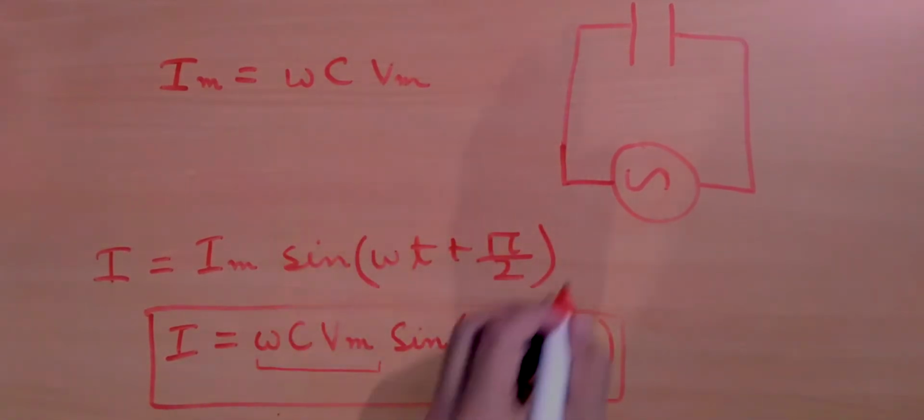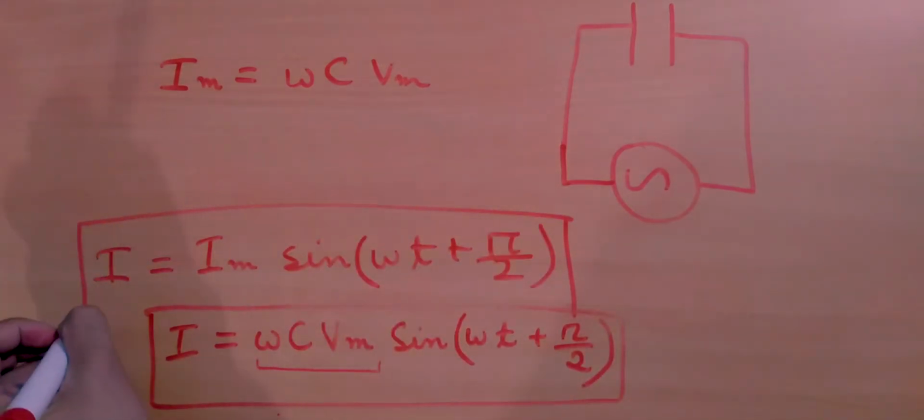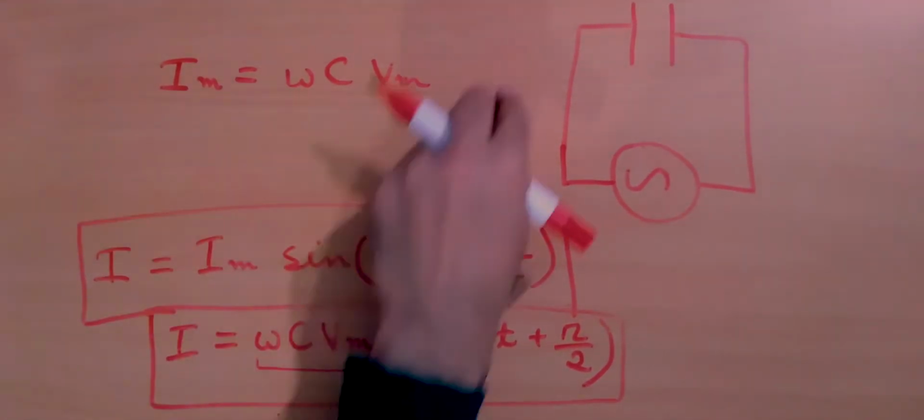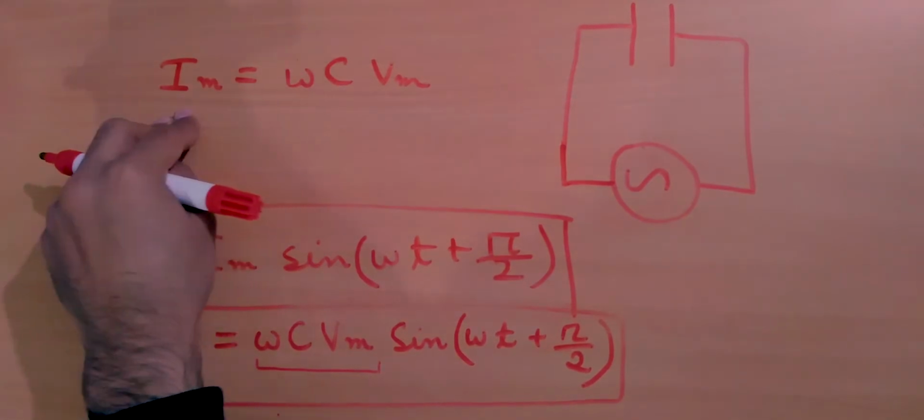And that is my equation for current in this particular circuit, an alternating source connected to a capacitor, and this is my expression for the peak current.